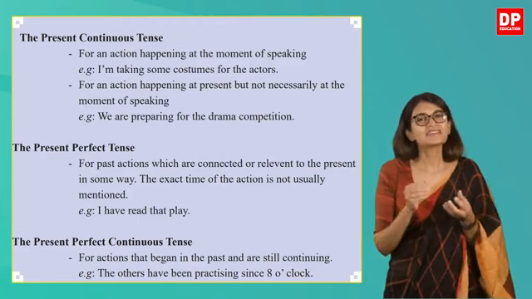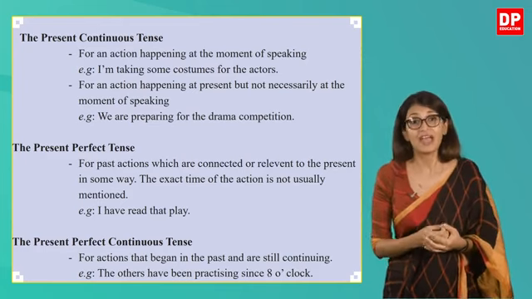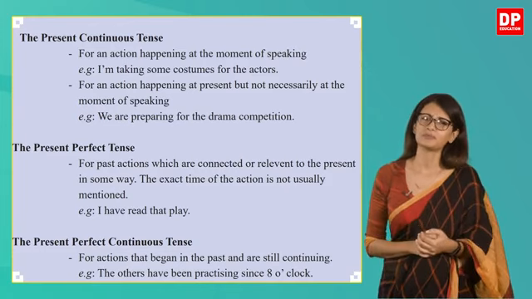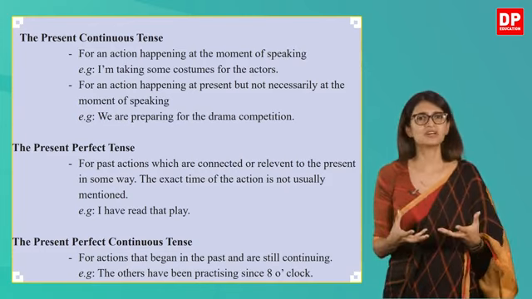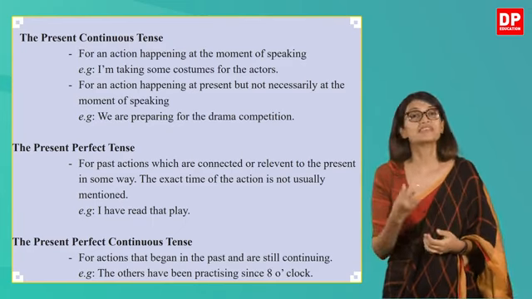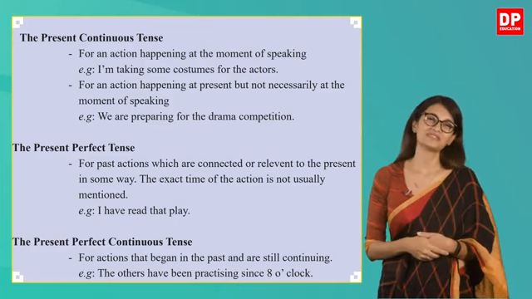The present perfect tense is an important tense in the English language, and it may be difficult for you to understand in one go. Even though the structure of the present perfect tense is simple, when you use the tense, you might come across a few issues.